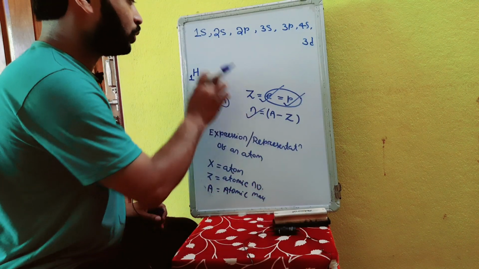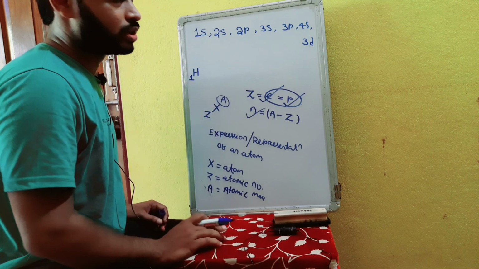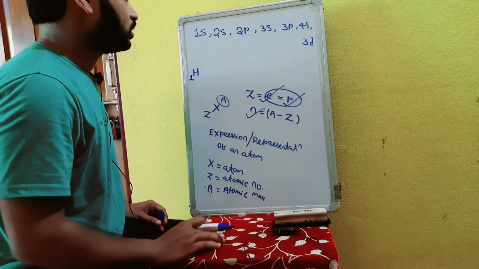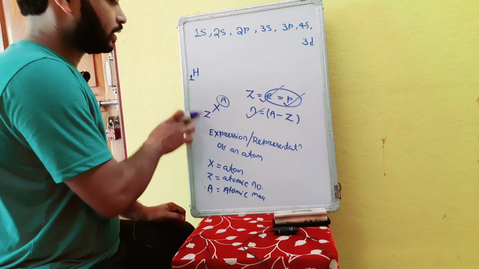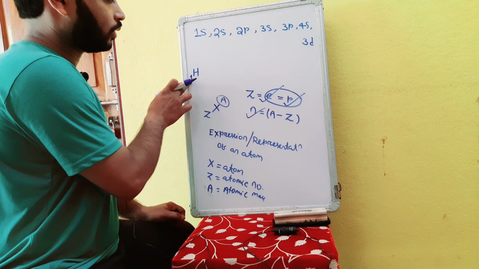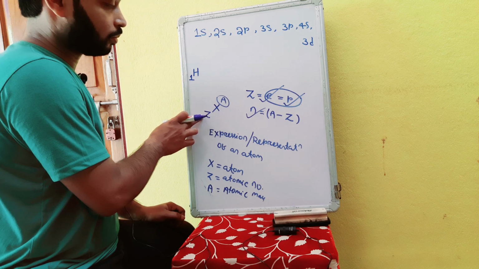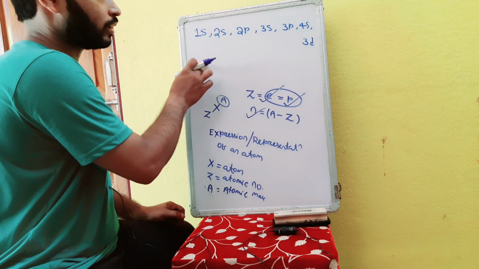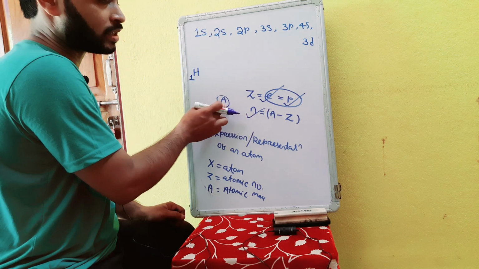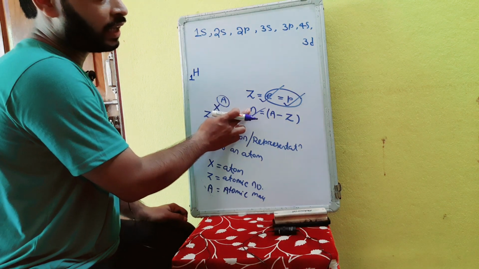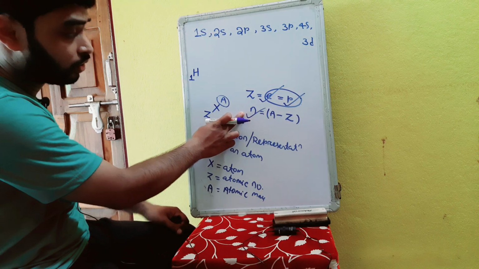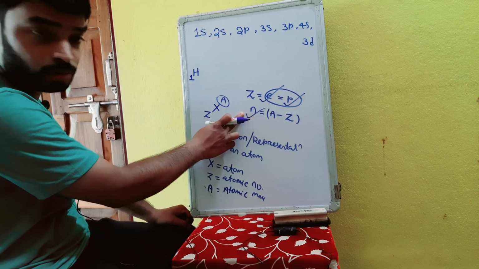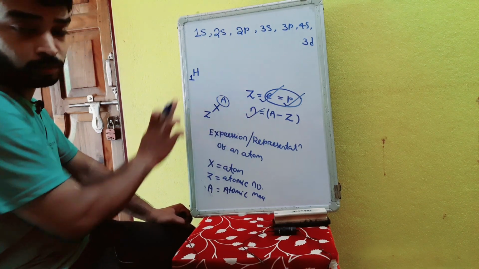Now I am doing electronic configuration. In the hydrogen atom I have written 1, which is the atomic number. The atomic mass could also be written here, but there is no use of atomic mass because I am not doing any work related to neutrons, so I am using the electron number only.